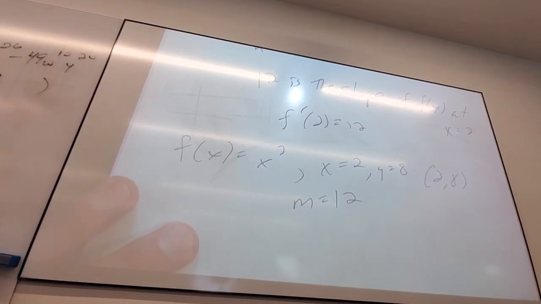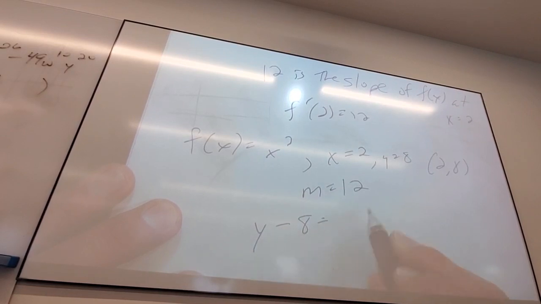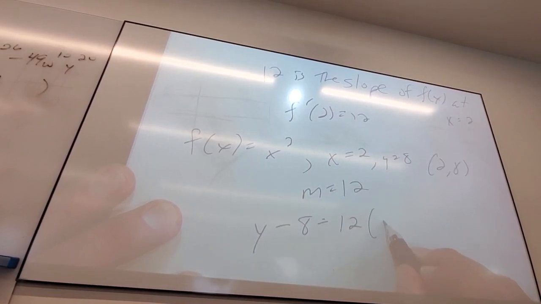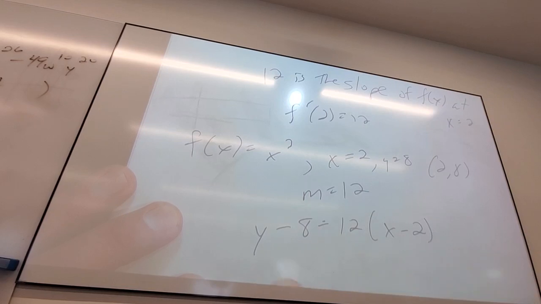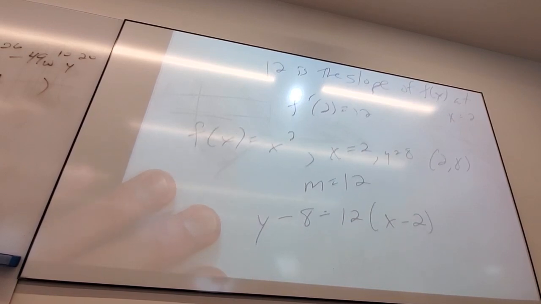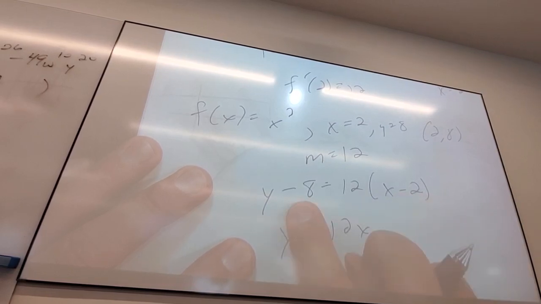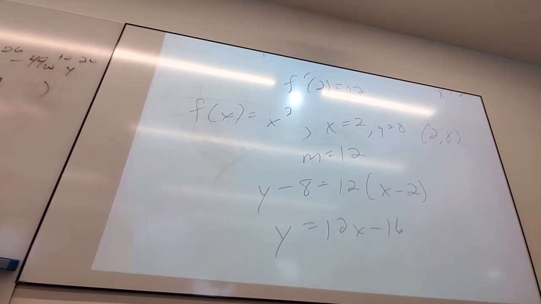Can you find the equation of the tangent line then? y minus 8 equals 12 times x minus 2, which is y minus y1 equals m times x minus x1. If you'd rather do y equals mx plus b and solve for b, cheers. Extra points? No, I don't give a damn. They're both valid ways to do it. You do the way that you remember. So y equals 12x minus 24 plus 8, so minus 16. Is that all right?